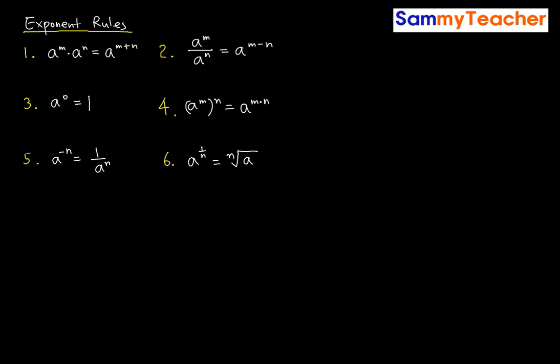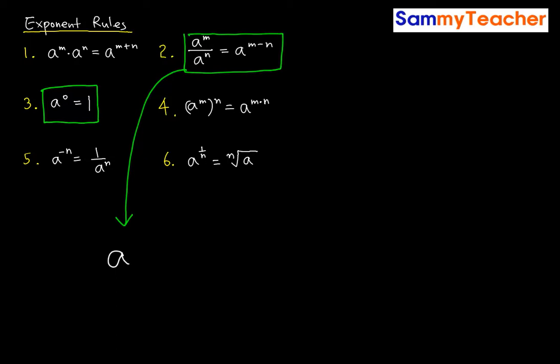Now we can use the second rule we just talked about to prove this zero exponent rule. So we will copy this rule down here, but give a little bit of modification. I'm gonna write base a to the power of m and base a to the same power.